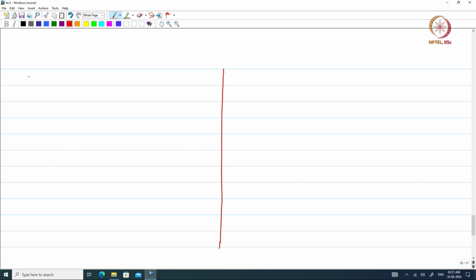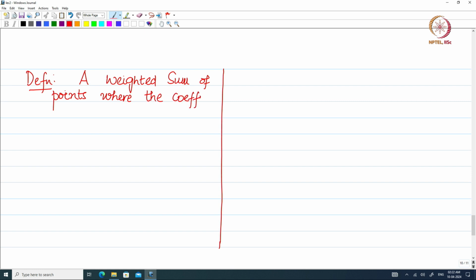So we are going to say, definition: a weighted sum of points where the weights add to 1, a weighted sum of points where the coefficients sum to 1, you have a name for this. We call this the barycentric combination.